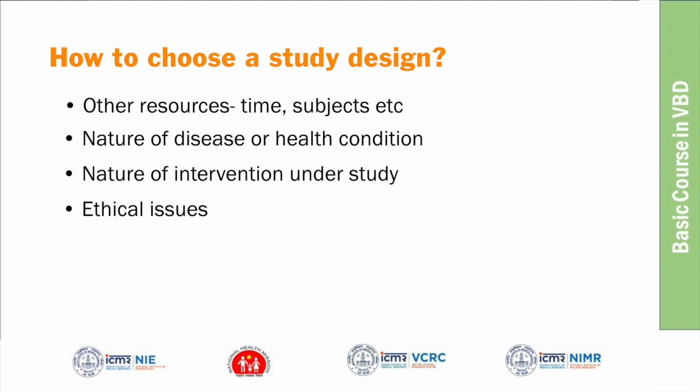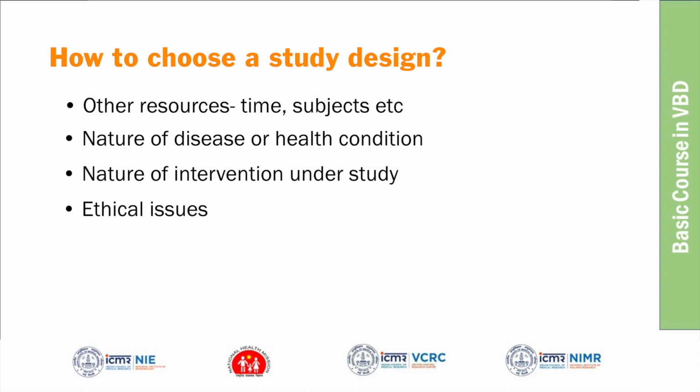Like in the question we are just discussing, we are seeing if insecticide treated bed nets are effective in preventing malaria. So the intervention is insecticide treated bed nets. Based on that, you will make a lot of conscious choices when you are choosing a study design.